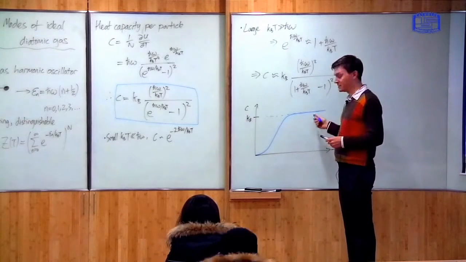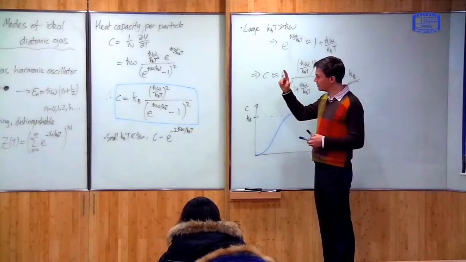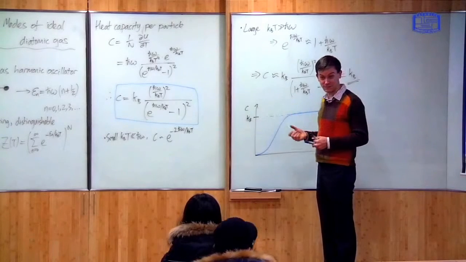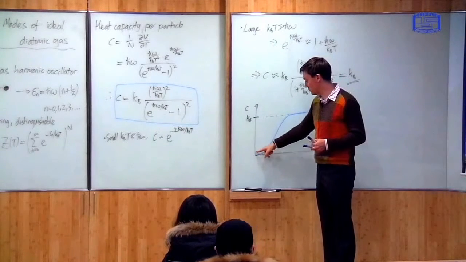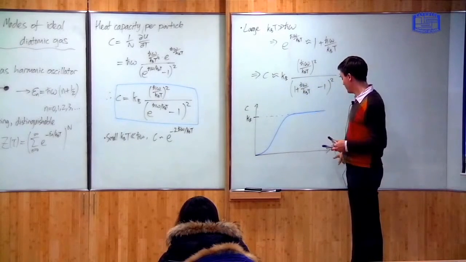So this is the heat capacity of the vibrational modes of a diatomic gas. At low temperatures, there is virtually no energy stored in these modes, and at high temperatures, the energy increases proportional to T.